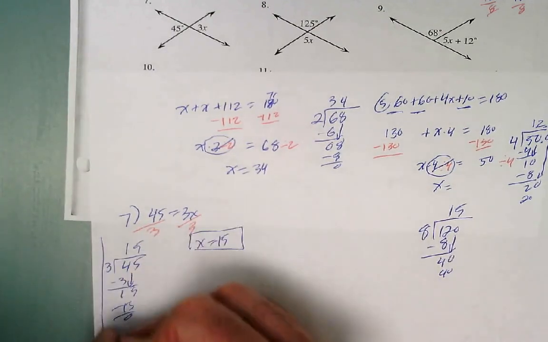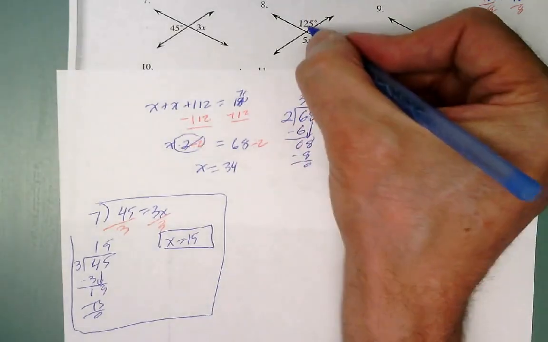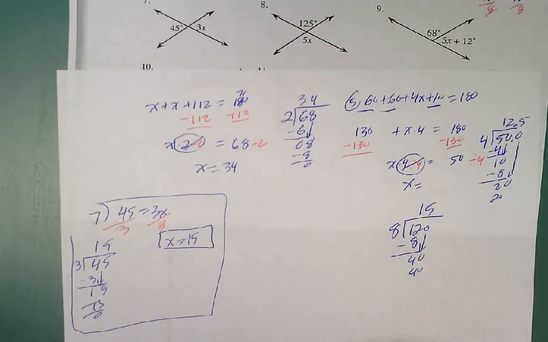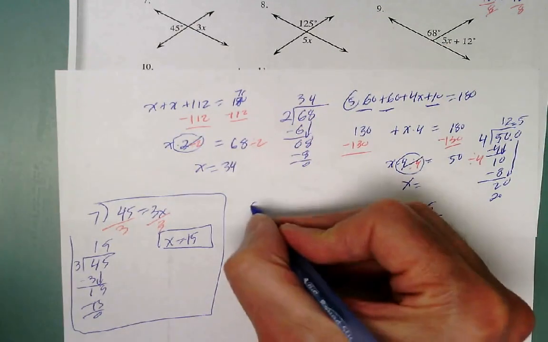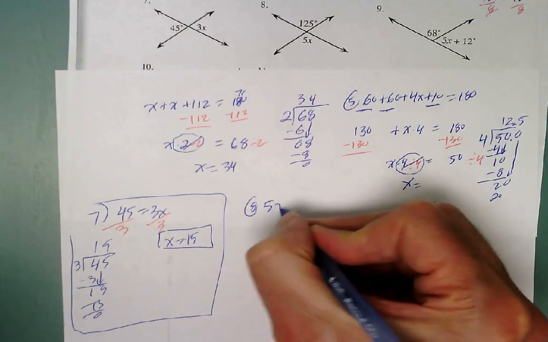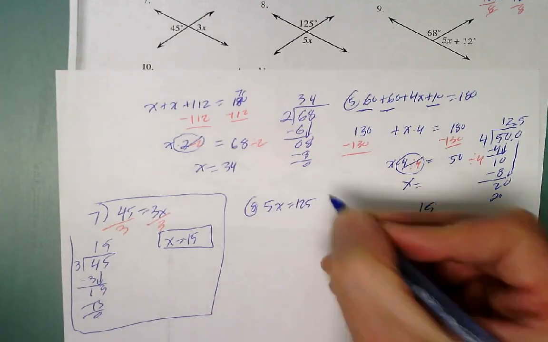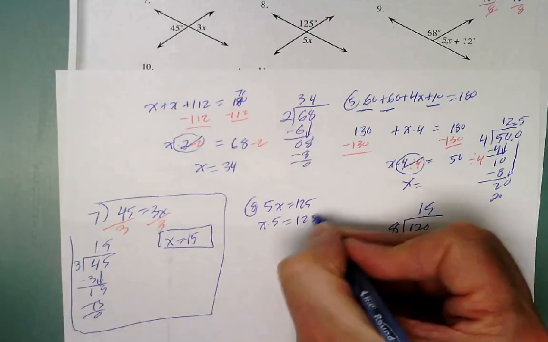Box and box. Number 8, opposites again. This is 125, then this should be 125. So, number 8, 5x equals 125, right? Or x times 5 equals 125. How do I get rid of that times 5? Divide by 5.